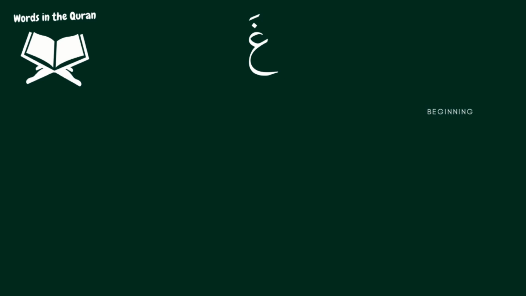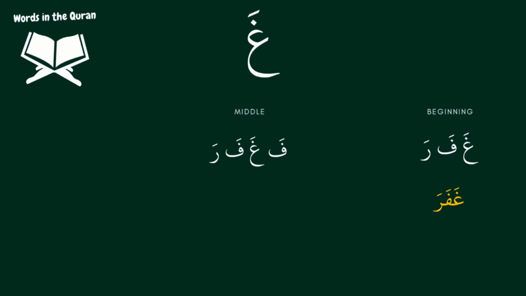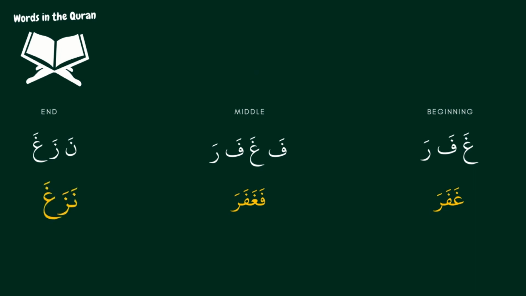Now the letter Ghain. غفر. فغفر. نزغ. So this is how Ain and Ghain look when they are being joined.